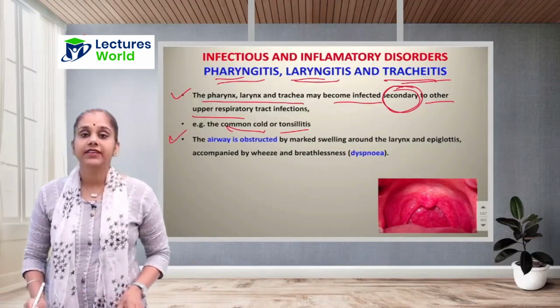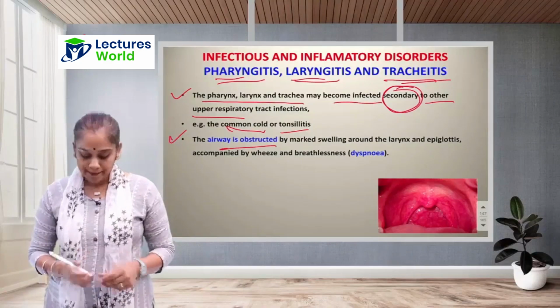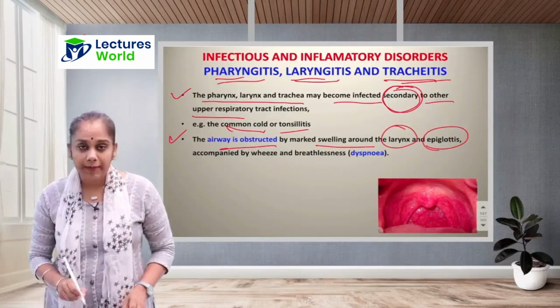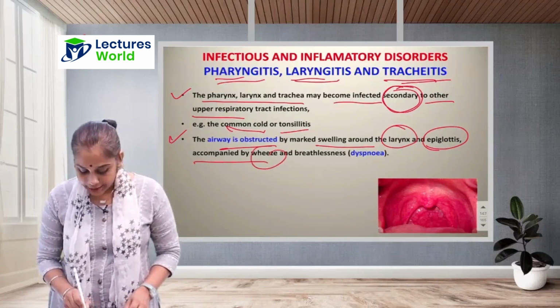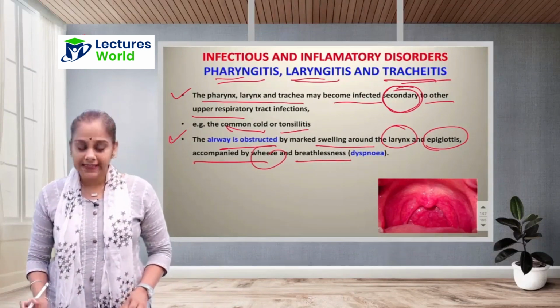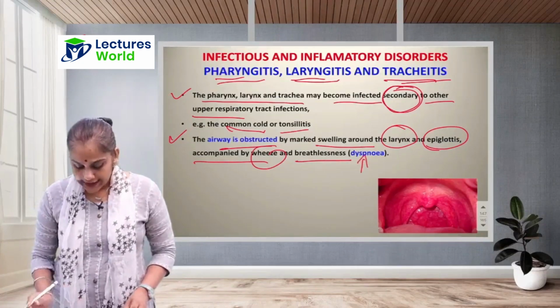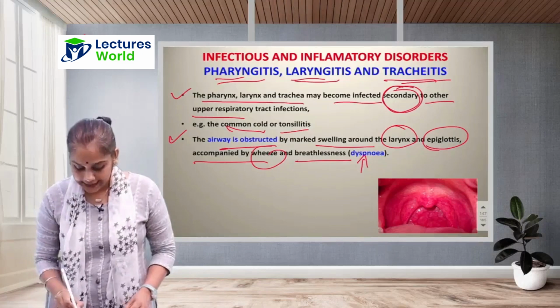Showing that the airway is obstructed. The airway is obstructed by marked swelling around the larynx and the epiglottis, which is accompanied by wheeze and breathlessness. What is breathlessness? There is a difficulty in breathing. What is known as difficulty in breathing? That is known as dyspnea.